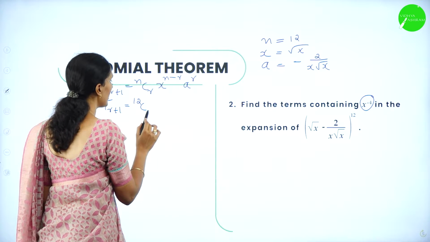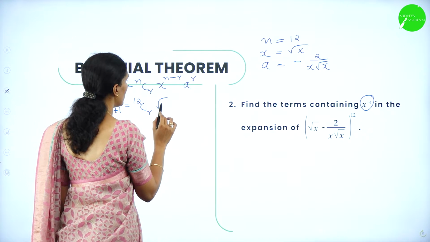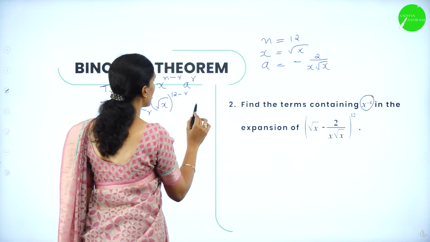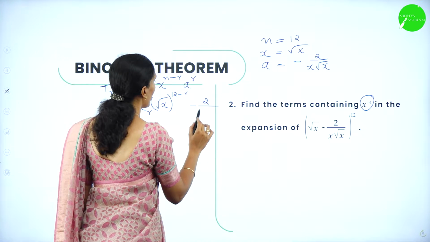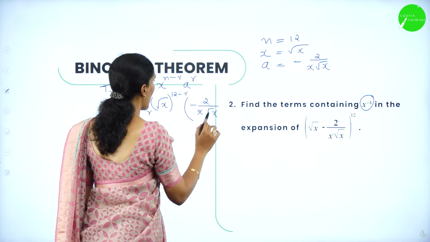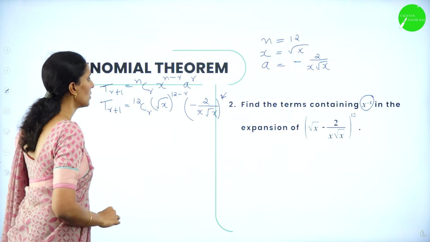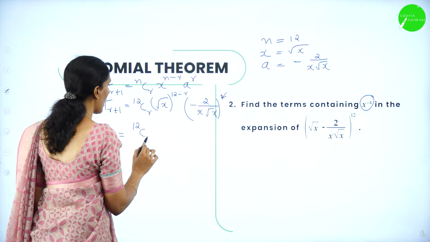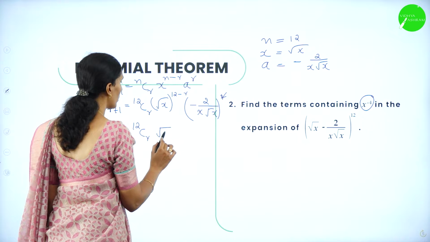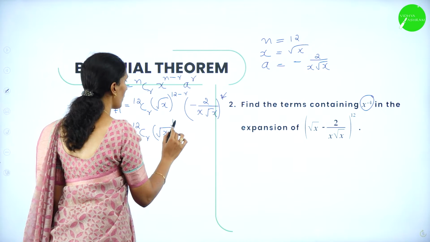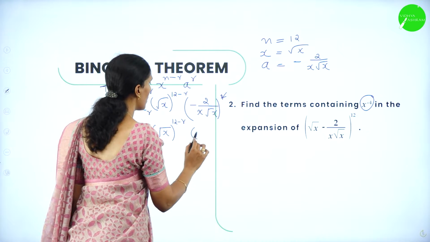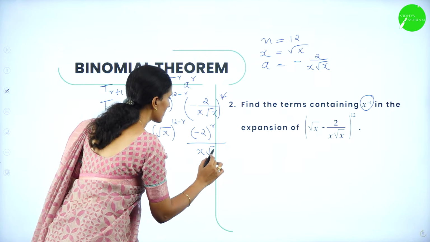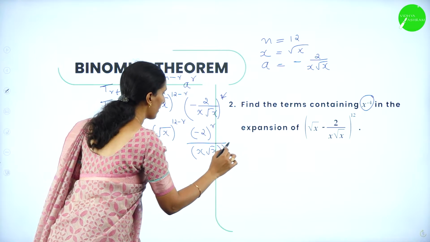I know n is 12. So 12 cr. x is root x, so root x to the power 12 minus r. a is minus 2 by x root x, whole power r. So this one is 12 cr, root x to the power 12 minus r, minus 2 whole power r, divided by x root x whole power r.